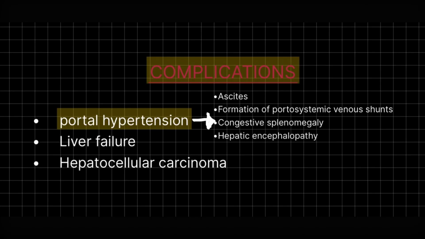Now, let's talk about the clinical features. In the initial phase, that is compensated cirrhosis, the patient may be asymptomatic. But in the later phase, that is the decompensated phase, the patient shows complaints of portal hypertension or liver dysfunction or both.